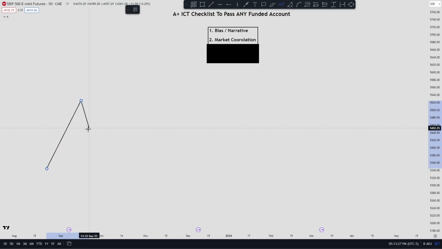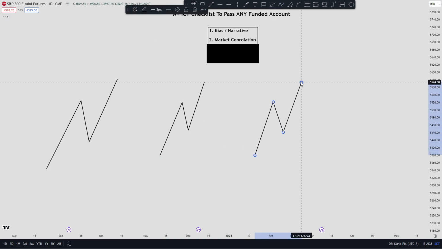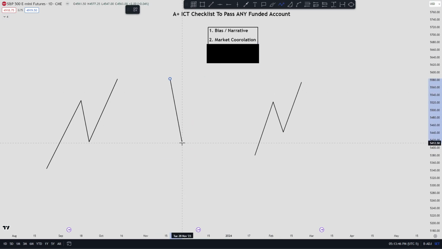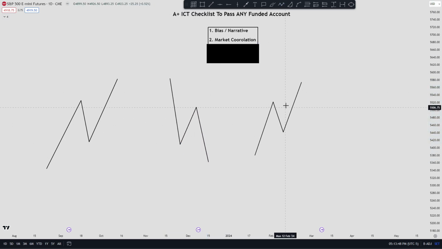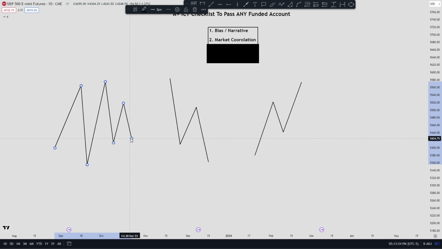So this is the S&P 500. If the S&P 500 is going higher here, it means the Nasdaq is also going higher and the Dow Jones is also going higher. If the Nasdaq chooses to go lower but the Dow Jones goes higher, the S&P 500 kind of just consolidates here.